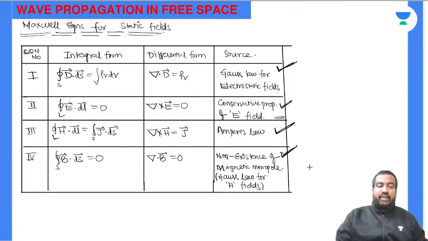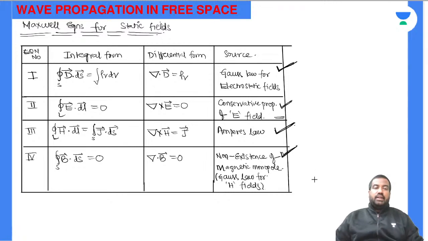These are Maxwell equations for static fields. In this, how many equations we need to change? Anyone? In time varying fields, how many equations will change?